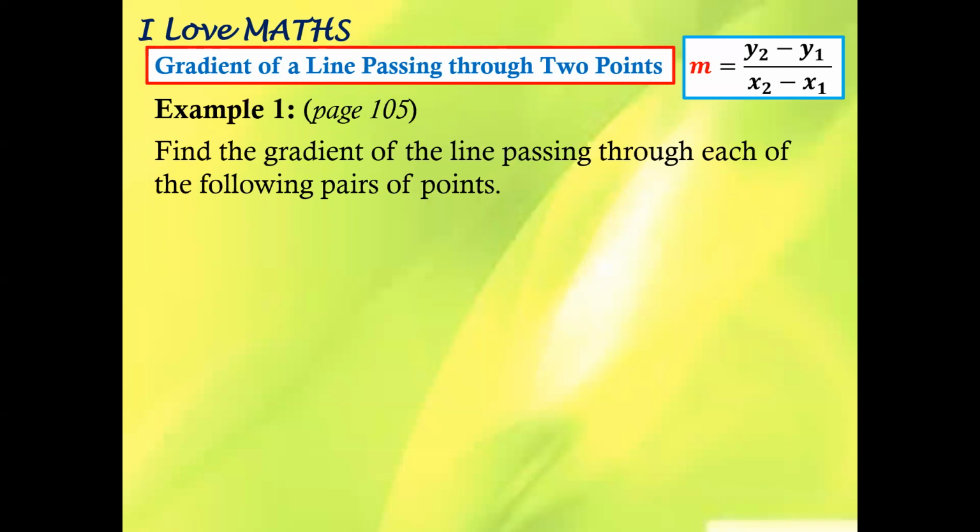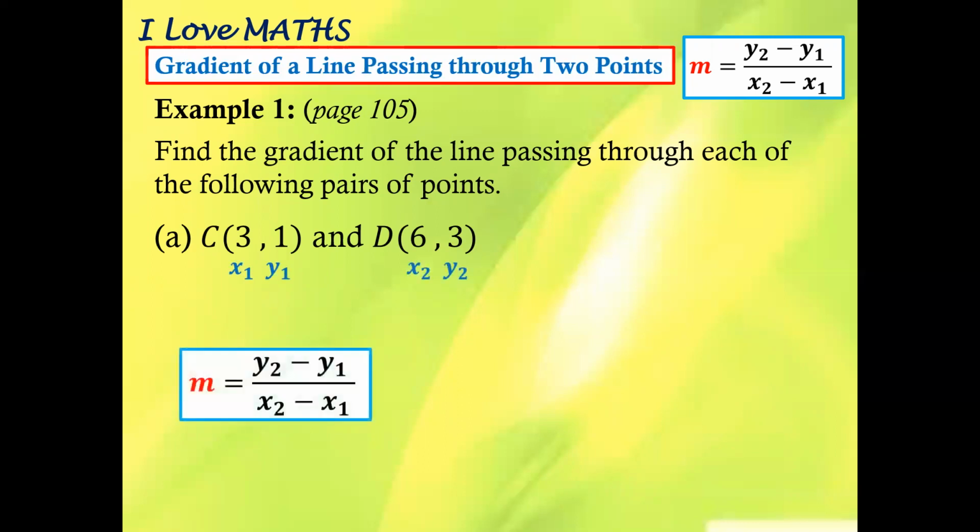Let's have the first example. Find the gradient of the line passing through each of the following pairs of points. Again, the formula for gradient is y sub 2 minus y sub 1 all over x sub 2 minus x sub 1. For letter A, we have 2 points C(3, 1) and D(6, 3). First, label each point as x sub 1, y sub 1, and x sub 2, y sub 2.